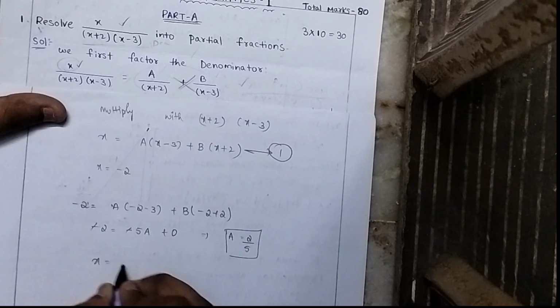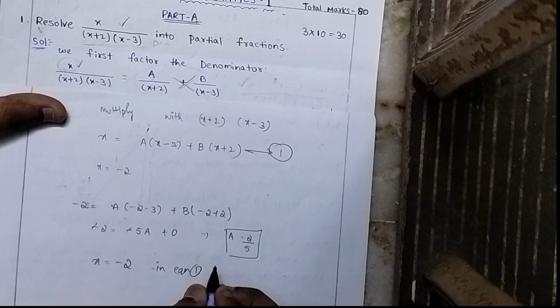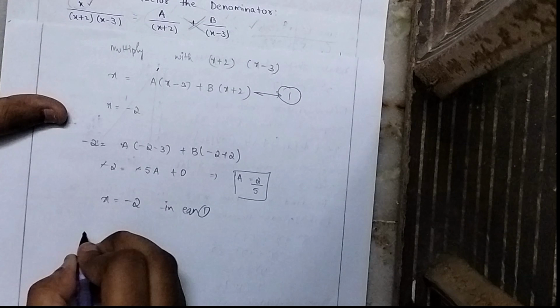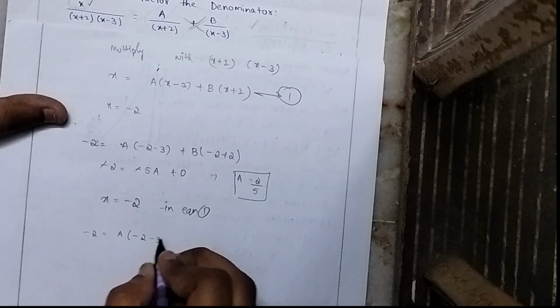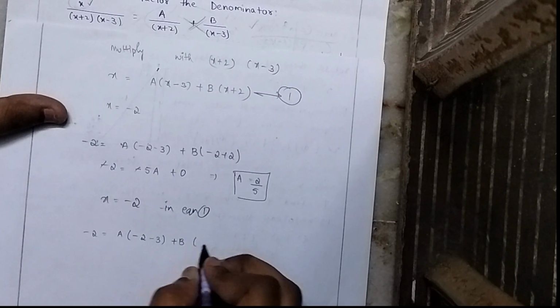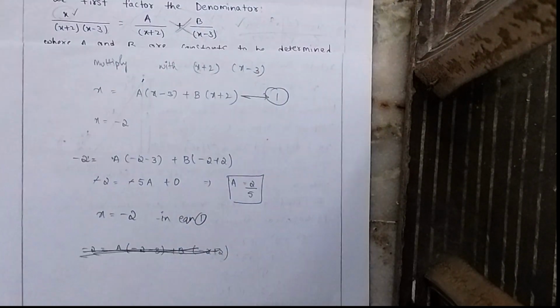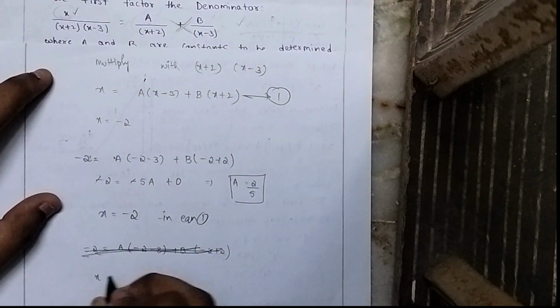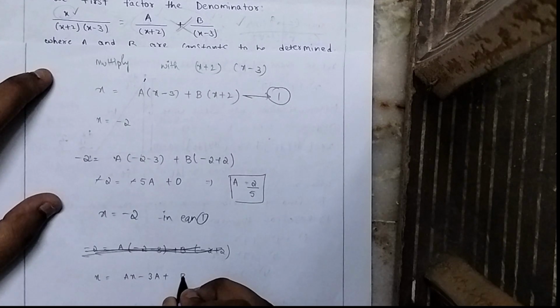Now substituting x equals minus 2 in equation 1, we get minus 2 equals a into (minus 2 minus 3) plus b into (minus 2 plus 2). So we get x equals ax minus 3a plus bx plus 2b.